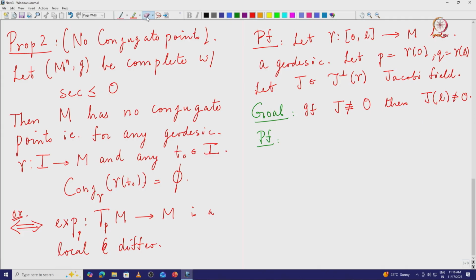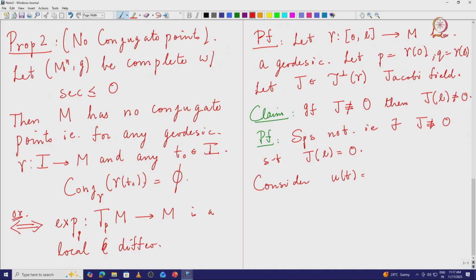So let me, instead of writing a goal, let me write that this is what I am claiming. Okay, so what is the proof of that? So suppose not, that is there exists a non-trivial Jacobi field such that J of L is actually 0. So then we consider the following function: U of t is the norm squared of J of t.